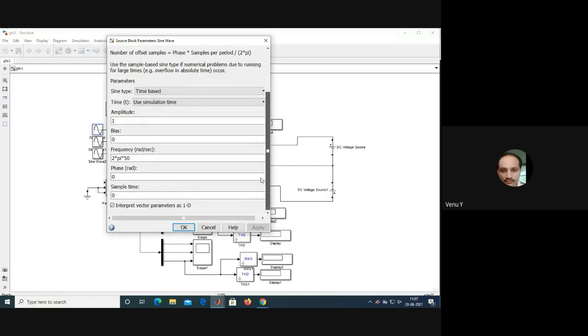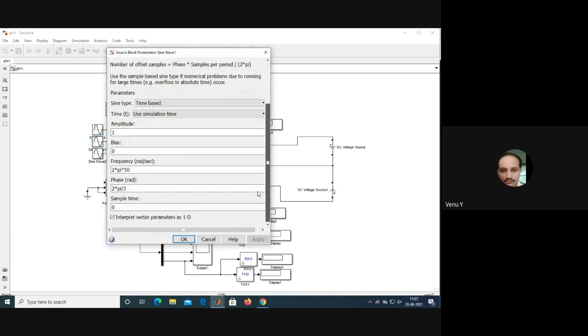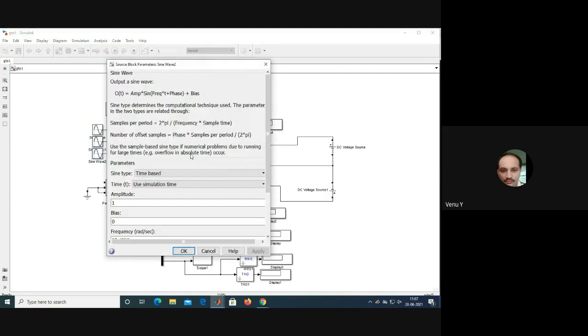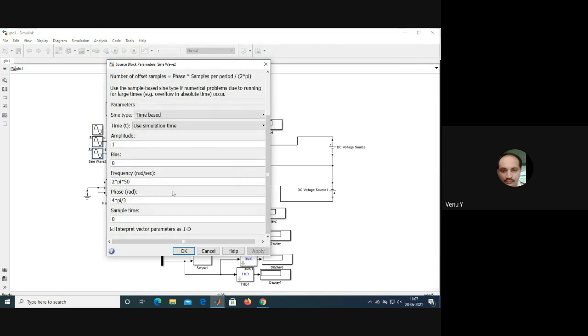This is the first phase, frequency 2 pi into 50 radian per second. Second phase, phase 2 pi by 3, frequency 2 pi into 50 radian per second. Third phase, 2 pi into 50 radian per second, phase 4 pi by 3.